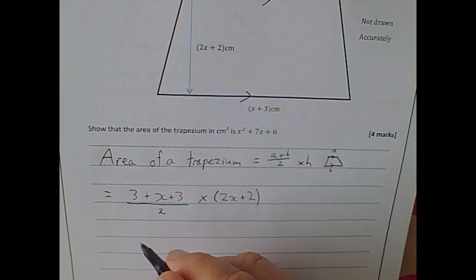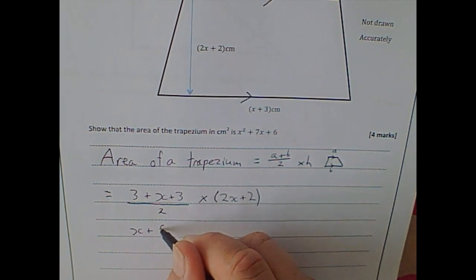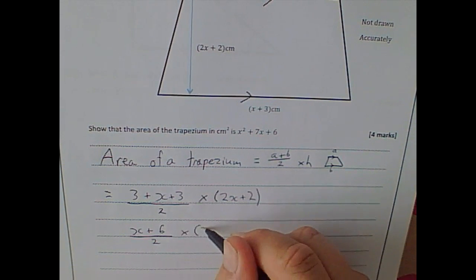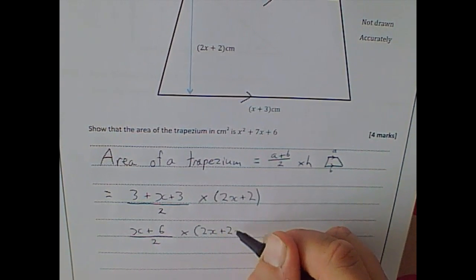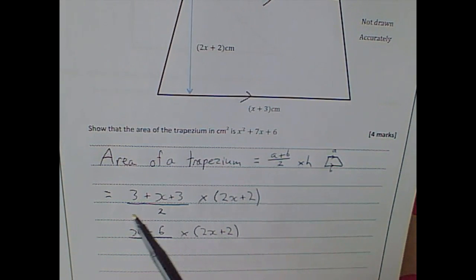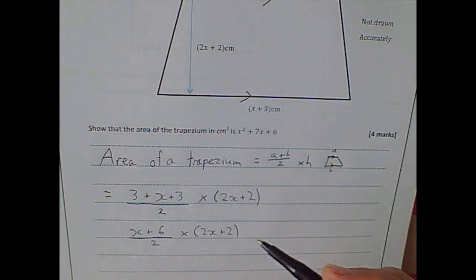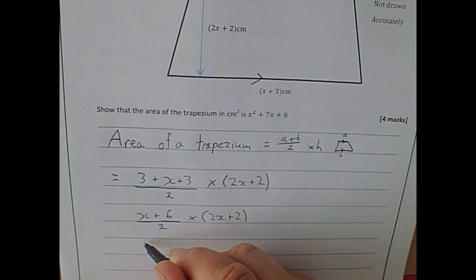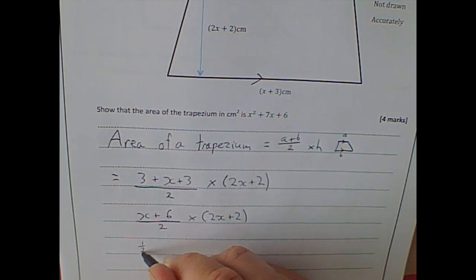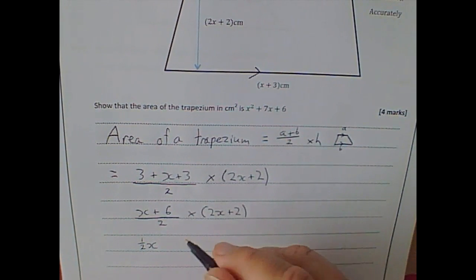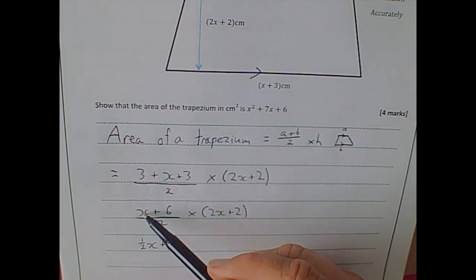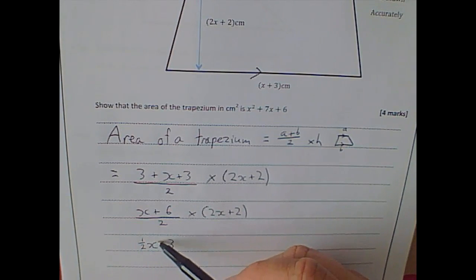I've got x plus 6 over 2 times by 2x plus 2. I'm going to tidy this up even a little bit more to give me x over 2, or half x, plus 3, because I can divide each of these. So that's x over 2, which I can write as half x, and 6 over 2, which is 3.